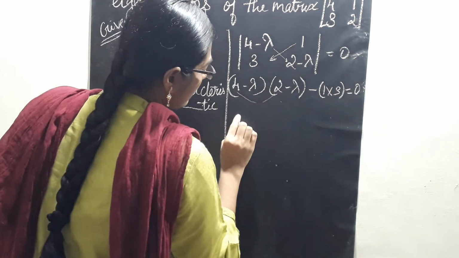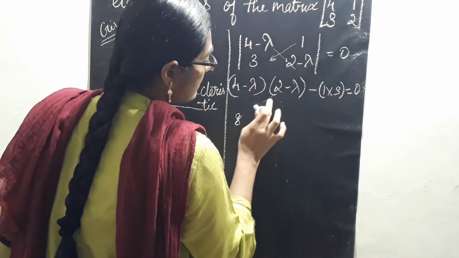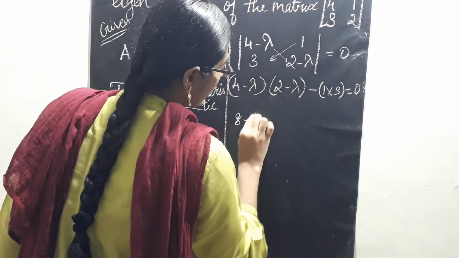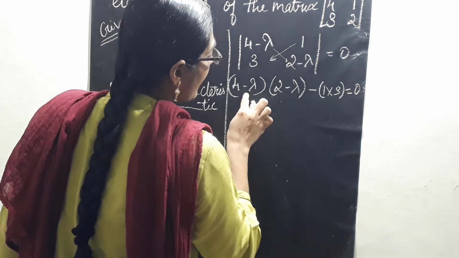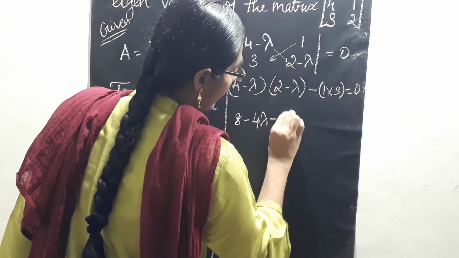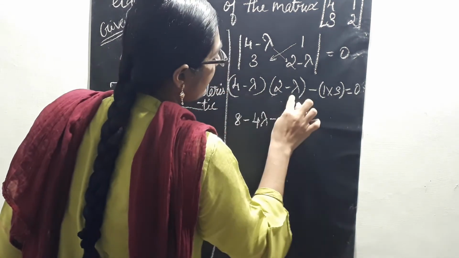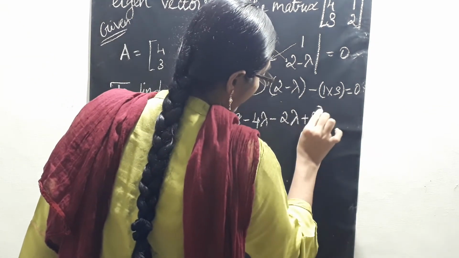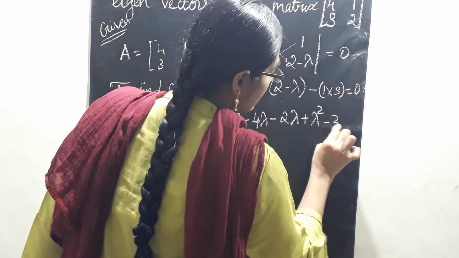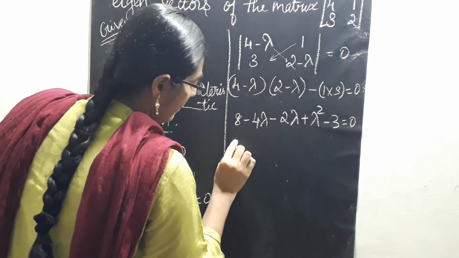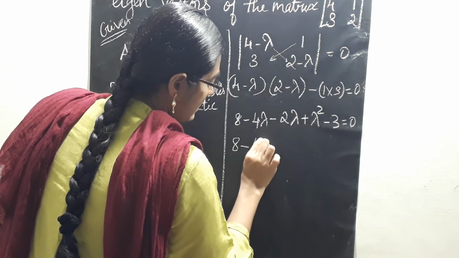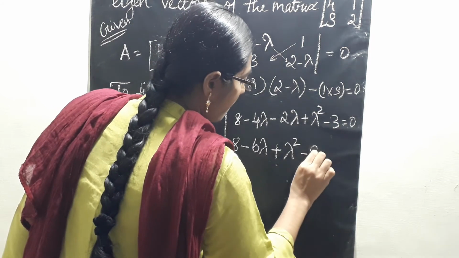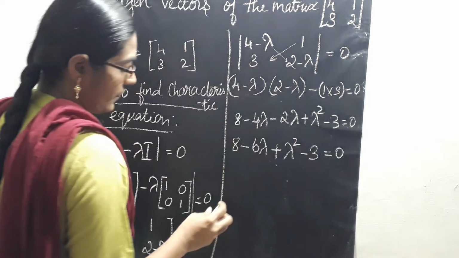So 4 2s are 8, minus 4 lambda, minus 2 lambda, plus lambda square, minus 3 equal to 0. 8 minus 6 lambda plus lambda square minus 3 equal to 0.